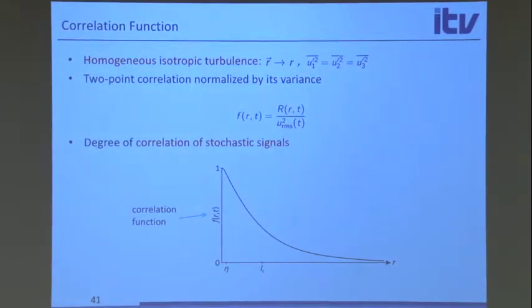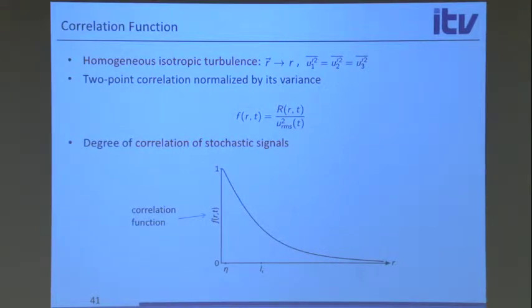In this function f, we look at u_i, and then we normalize it with the value at r going to 0, and then it should go from 1 to 0 at r equal to infinity. As I said, it starts at 1, and then in some way it goes to 0. That's what we call the two-point correlation function f.